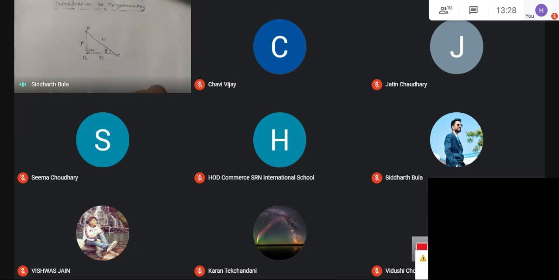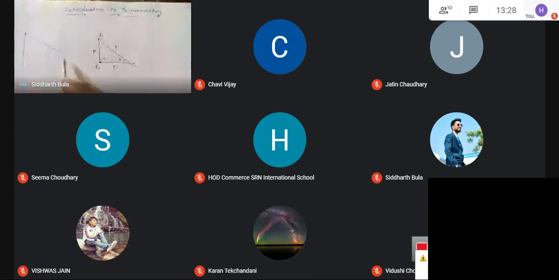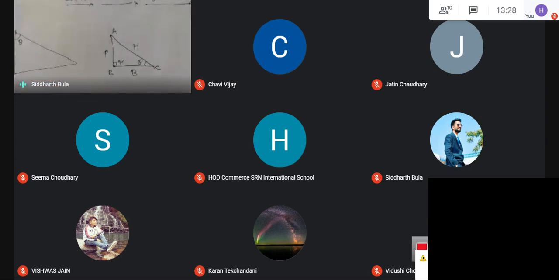Now you may be thinking, sir, this is what we know already. But remember what the new thing is that you should learn here. If a triangle is like this, and I say this angle is some angle theta, writing theta means the value of this angle is given to you. It can be 30, 40, 60, 55, anything. Theta is just a symbol.